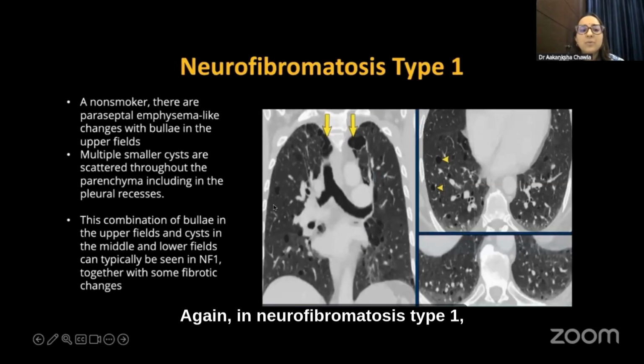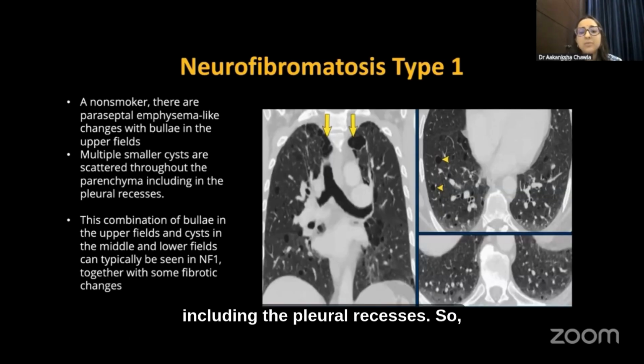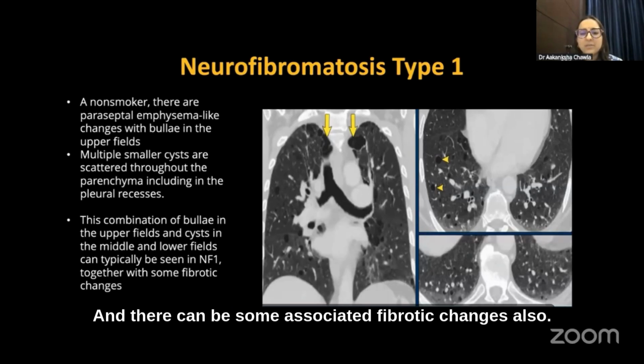Again, in neurofibromatosis type 1, there are specific bullae in the upper fields, and then there are multiple scattered cysts throughout the parenchyma, including the pleural recesses. So a combination of both upper field bullae as well as middle and lower field cysts is typically seen in neurofibromatosis type 1, and there can be some associated fibrotic changes also.